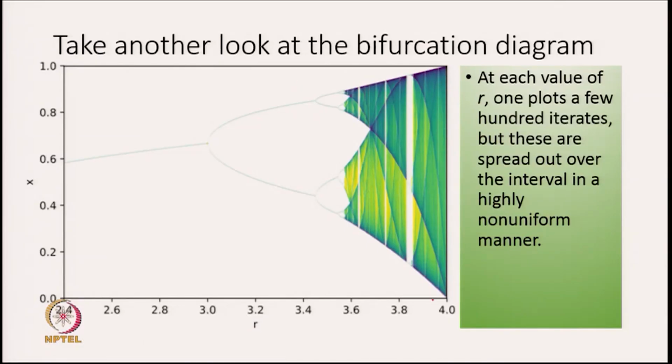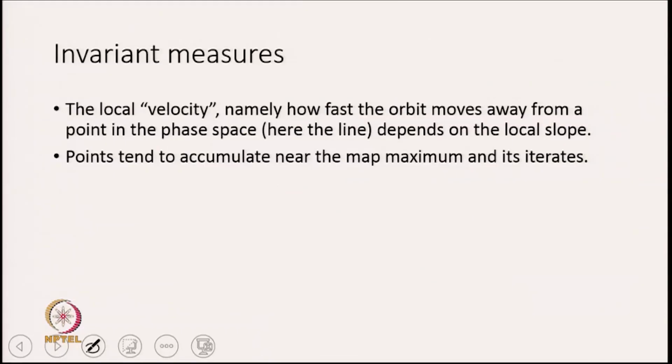Over here you can see that these are not spread out uniformly in the region where they are present, but they seem to be concentrated along certain lines. There are more of them at certain regions and fewer of them at certain other regions. These are spread out over the interval in a highly non-uniform manner.